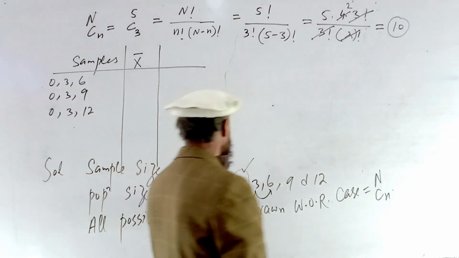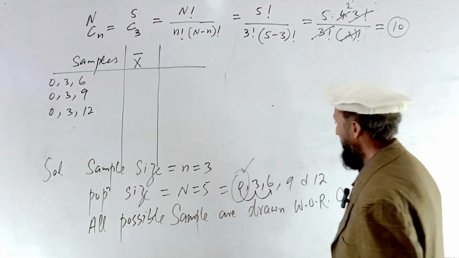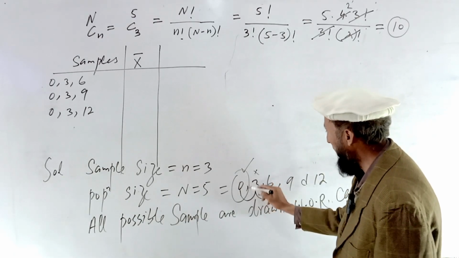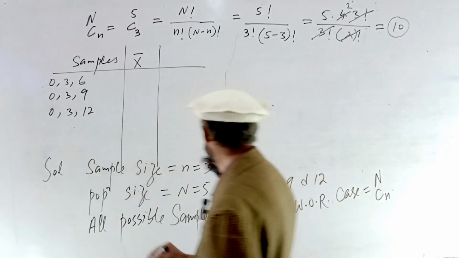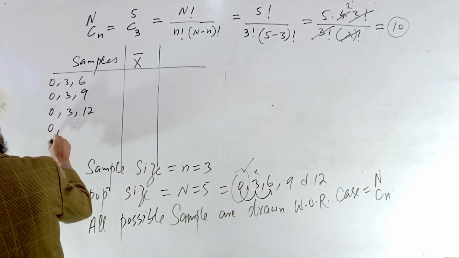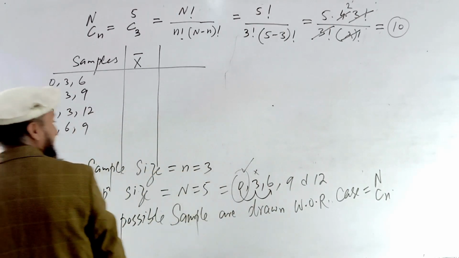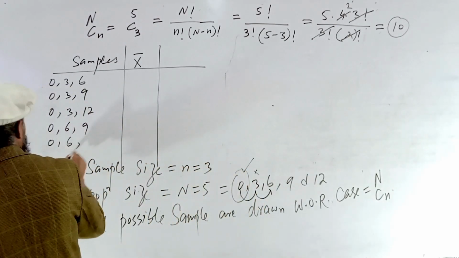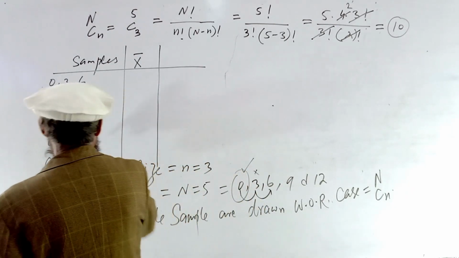Now 0 with 3 is finished. Again starting from 0: 0, 6, 9; 0, 6, 12.